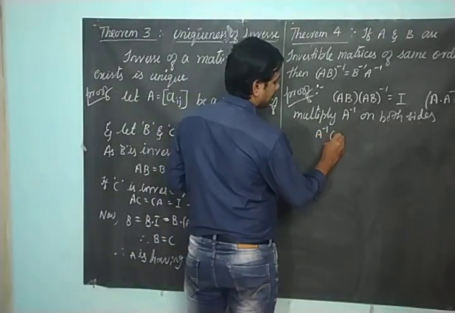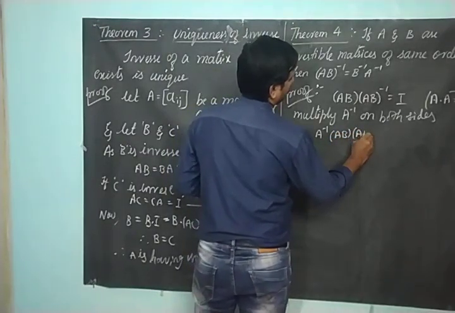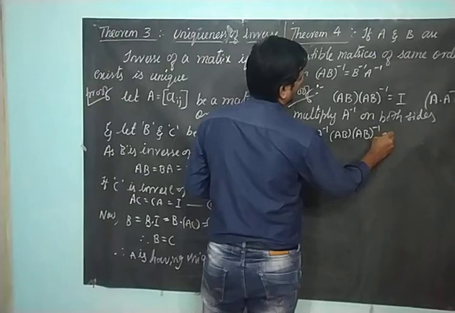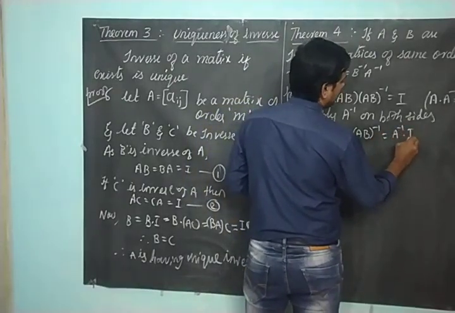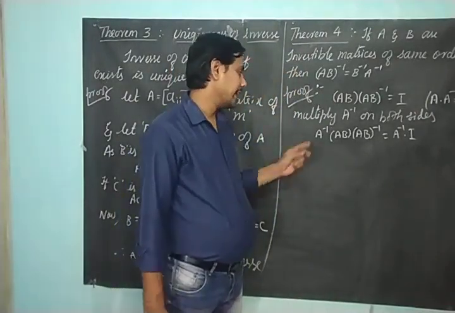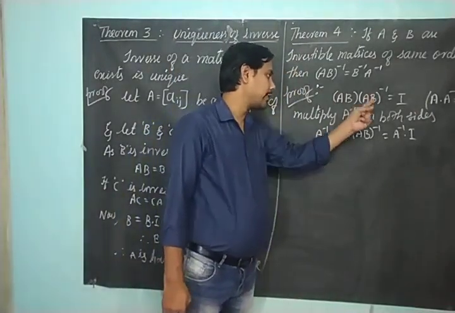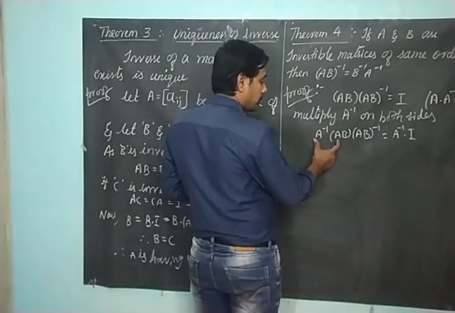A inverse into AB into AB whole inverse is equal to A inverse into I. So multiplying A inverse on both sides, A inverse into AB whole inverse is equal to A inverse into I. Now apply distributive law here.